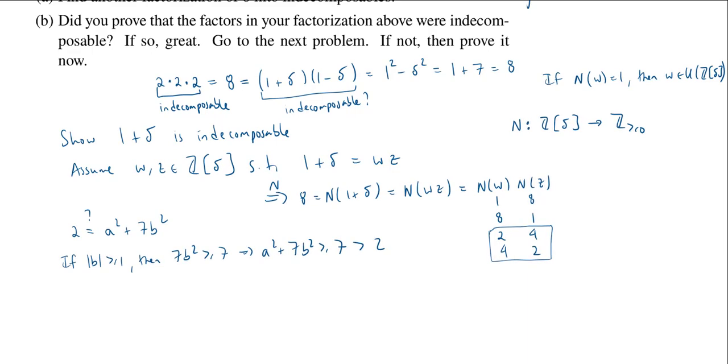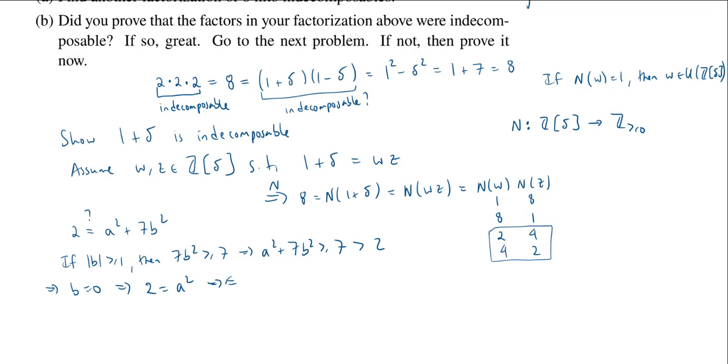So that means that b cannot have absolute value at least 1. Well, b is supposed to be an integer, right? That doesn't leave a whole lot of options. So this would imply that b is equal to 0. But if b is equal to 0, then 2 is just equal to a squared, which cannot happen for the integers. 2 is not a perfect square.